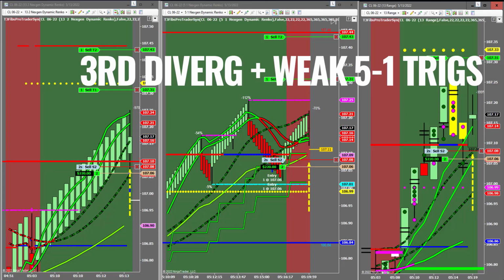Usually a second look, and you can look in the educational material as well as even in my plan, lower divergence with weak triggers on the 5-1 chart is a definite exit. Don't lose money, period. So if it goes, cool. If it doesn't go, that's okay too.